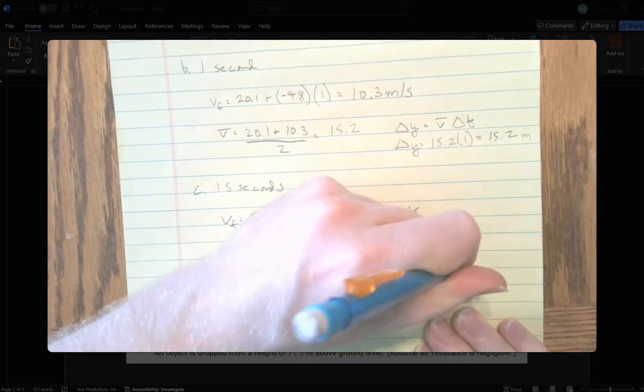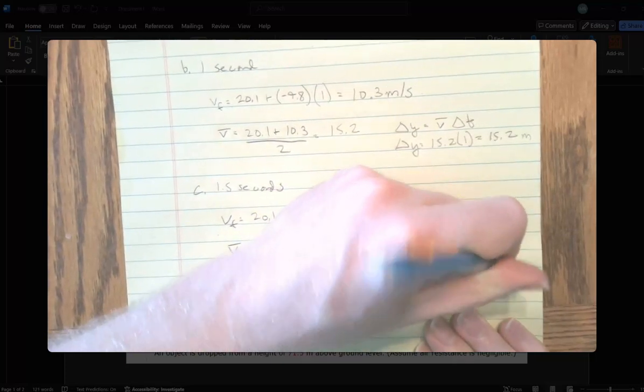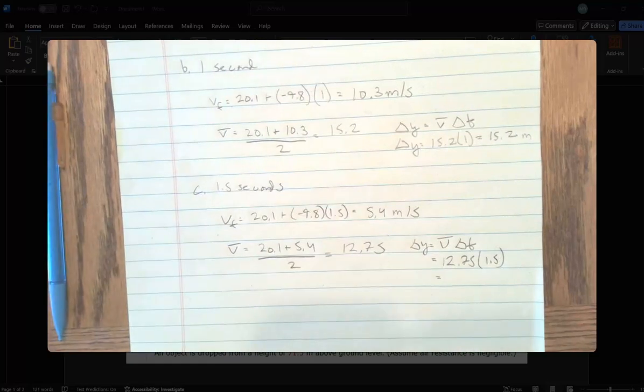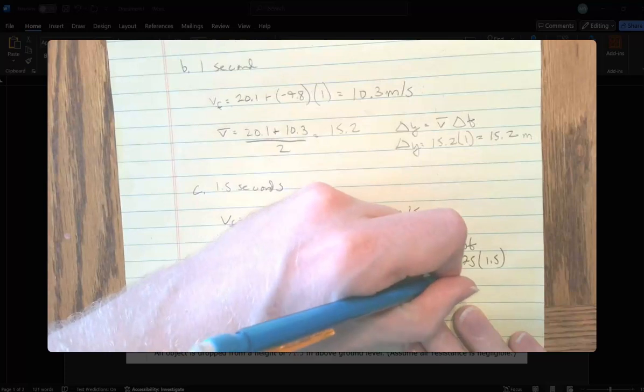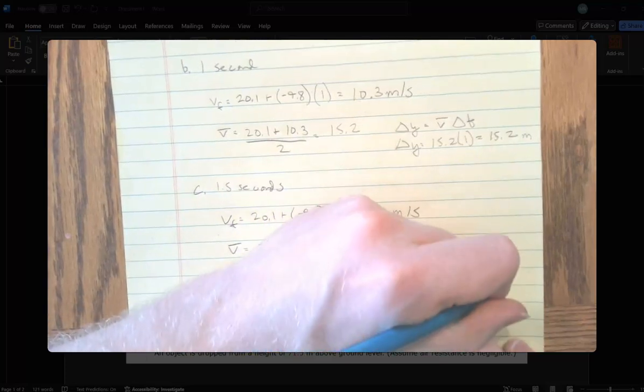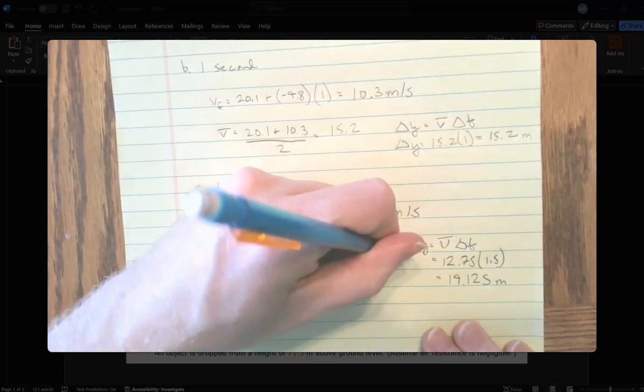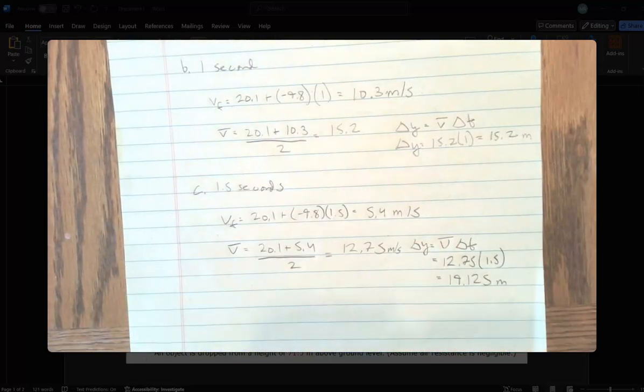So you have 12.75 times 1.5, so you end up with 19.125 meters. All right.